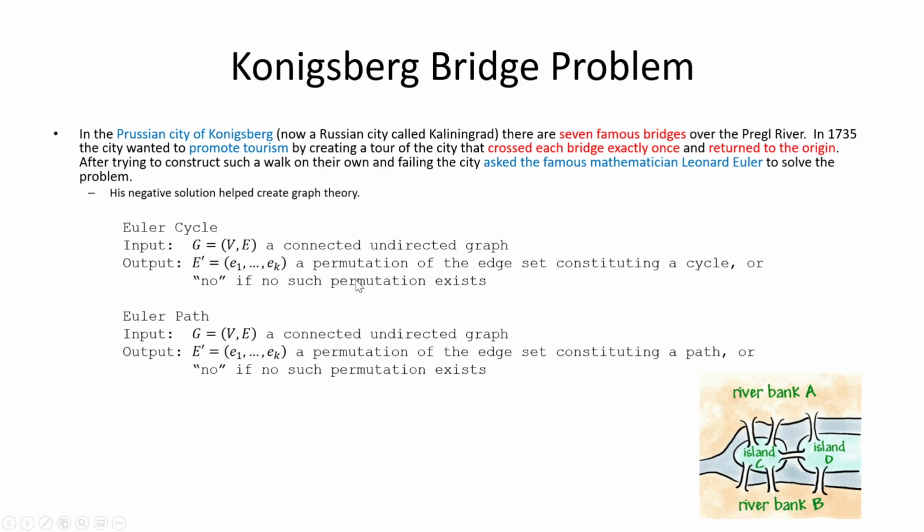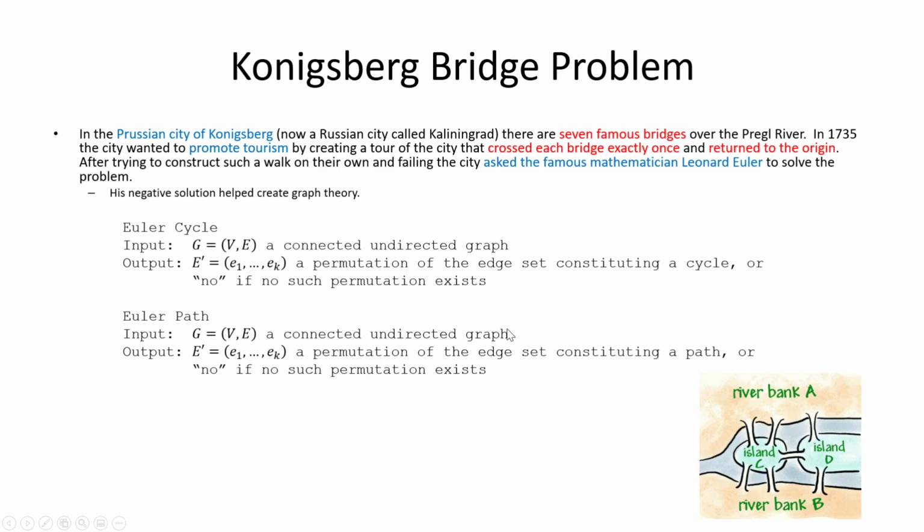The Euler cycle version is the one that I just mentioned. Here you've got some graph where you're going to want to find a permutation of the edges. The edges here represent the bridges, right? And we're going to want to figure out the order in which we would visit those edges, constituting a cycle here.